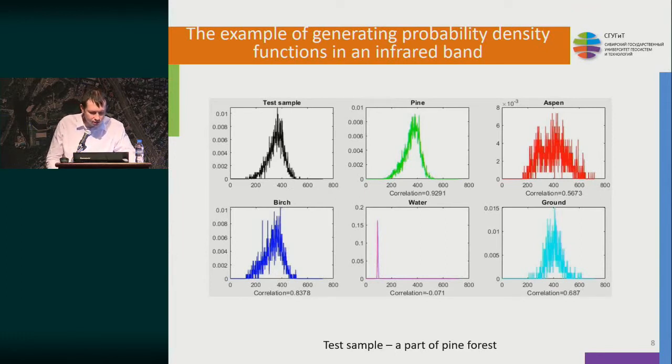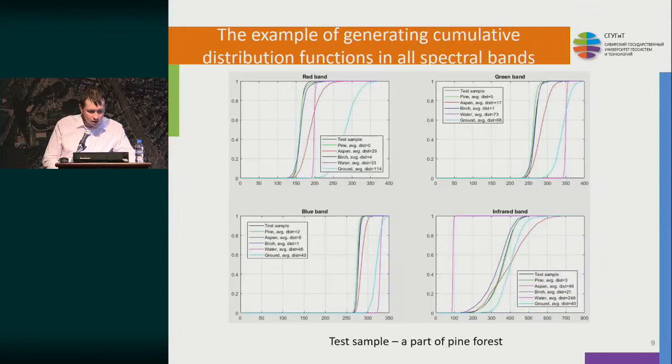In our case, this is pine trees area. So this sample is closest to the reference sample of pine trees, with the correlation factor at 0.9, which is closest to 1. This is an example of generating cumulative distribution function in all spectral bands at once with the test sample.